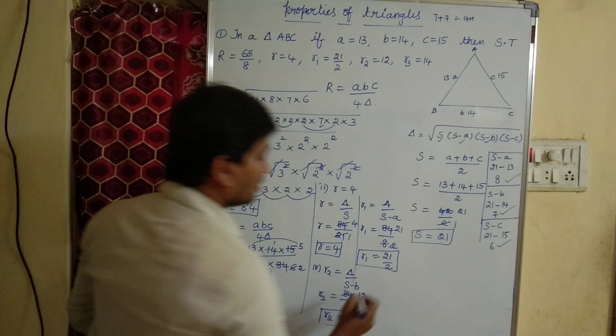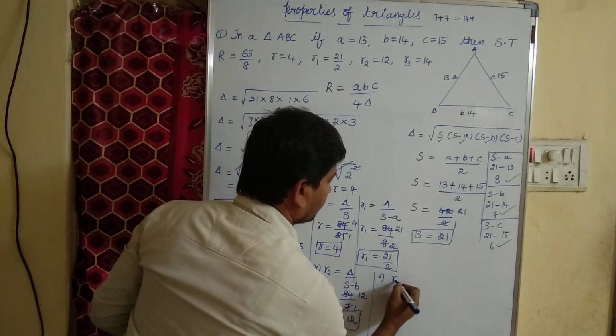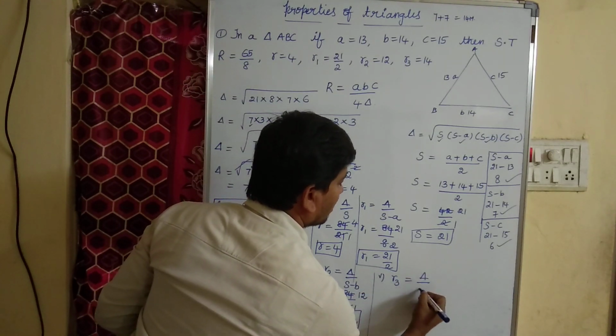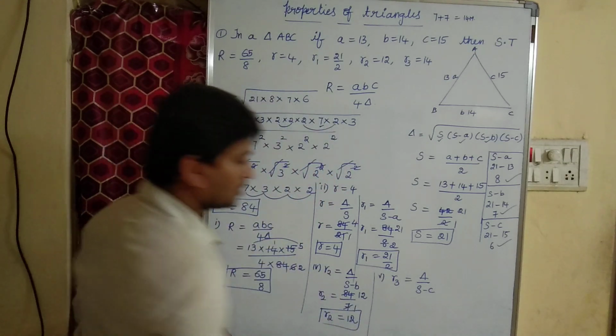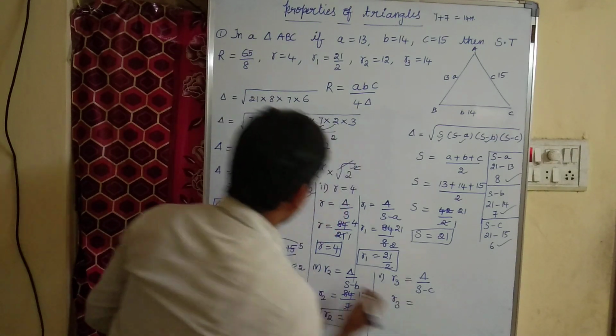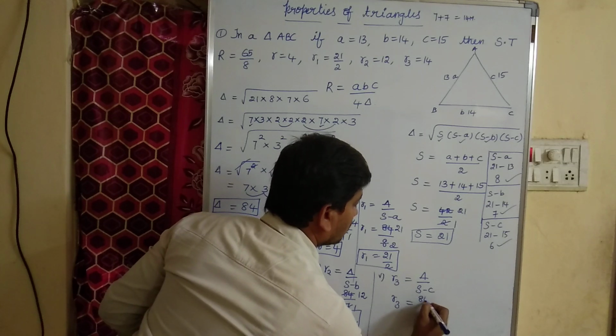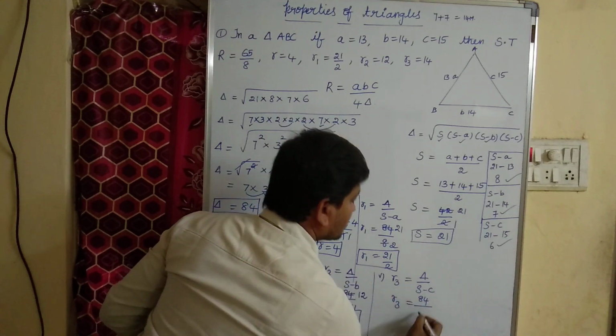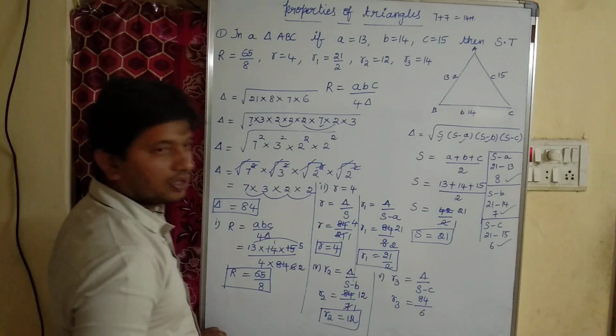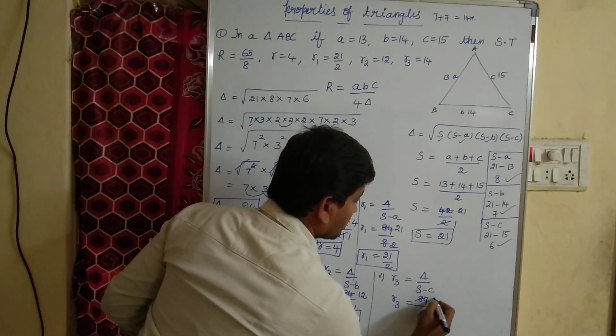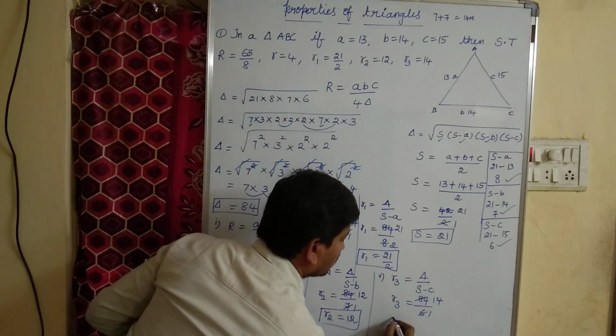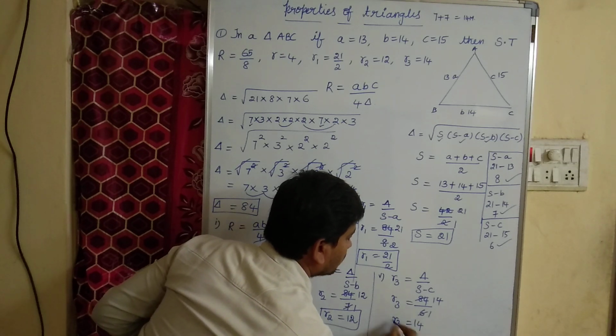The last one is r3. The formula for r3 is delta by s minus c. So r3 equal to, as we got delta value 84 divided by s minus c value 6, right? So 6 1 ja 6, 2 4, 6 4 ja 24. So r3 is equal to how much? 14.